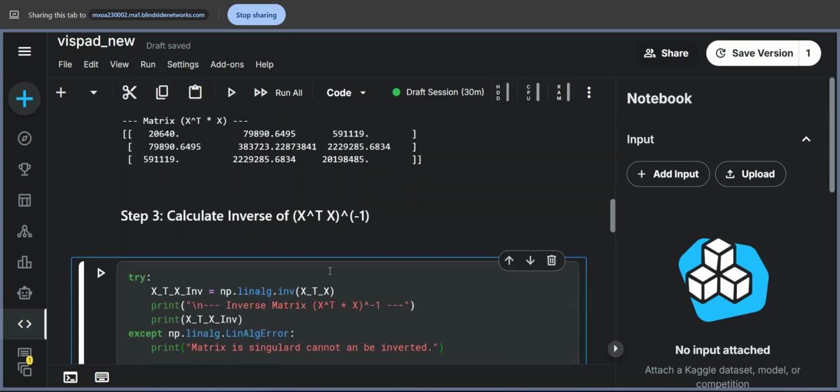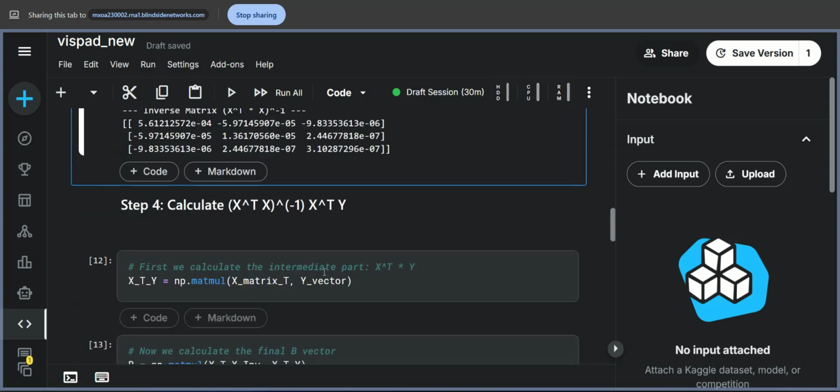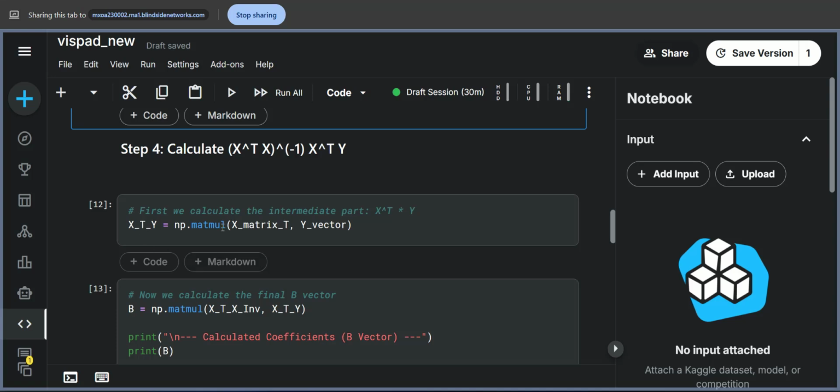We use the same method, matrix multiplication of the transpose of x and the y vector. What are we also trying to do here? We are trying to project the feature space onto our targets, right?